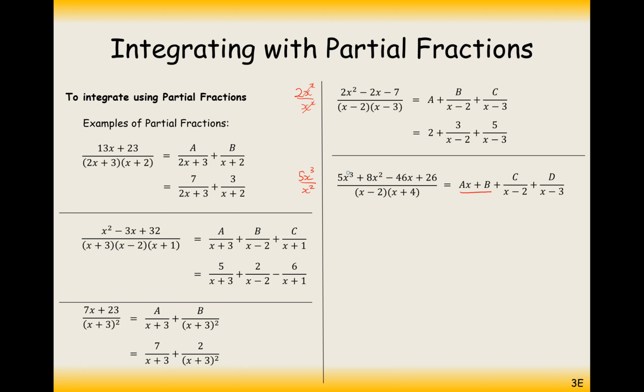If it was a power of 7 on the top here, you'd do x to the 7 divided by x to the 2. That would leave you with x to the 5, and you'd put on your other side some constant times x to the 5 plus some constant x to the 4 plus some constant x to the 3, all the way down to just a bog standard constant, and then 2 components because you've got 2 factors on your denominator.